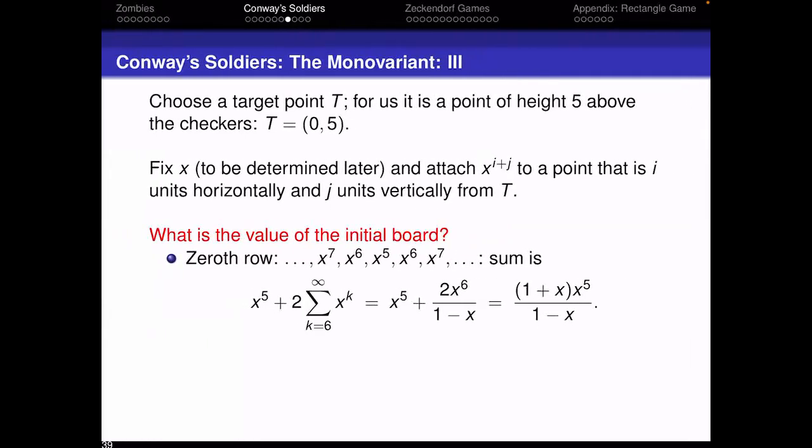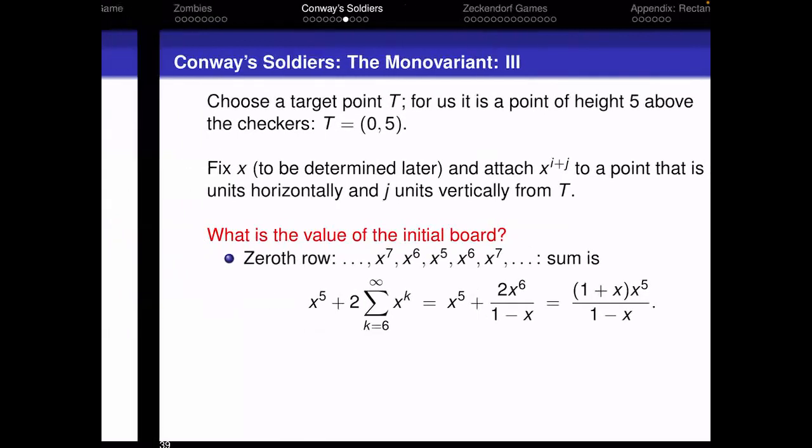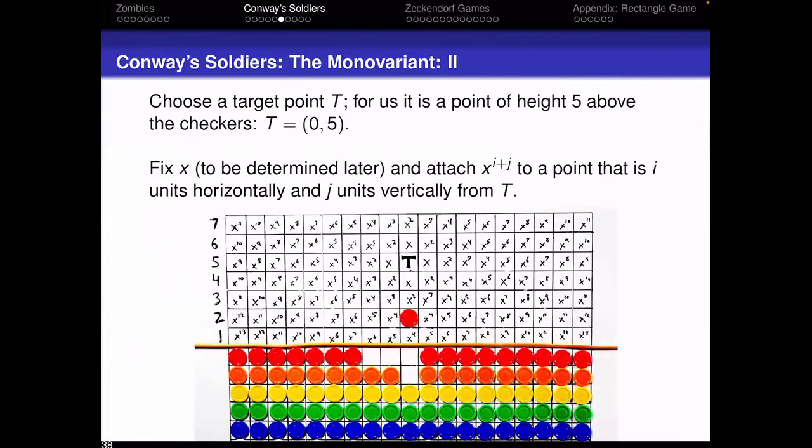Right, where you go i units to the right or left, and then j units up and down from the target. And that's why when you look at the initial board over here, this has a value of 1. And then this point over here is x to the 4th, because it's 3 units to the right and then 1 unit up. So it's 1 over here.